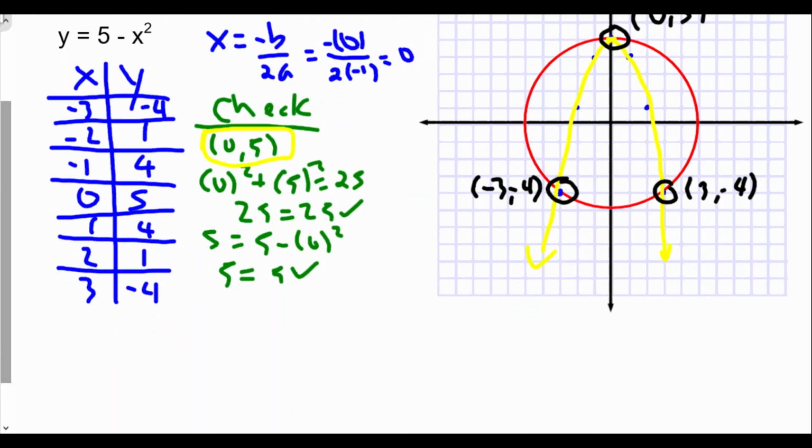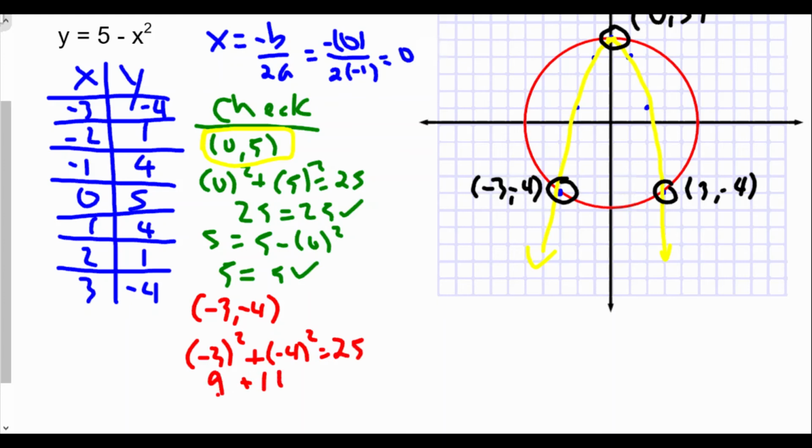Our next check will be with (-3, -4). Does -3 squared plus -4 squared equal 25? Well, that's going to be 9 plus 16. That's equal to 25. 25 equals 25. That's a check. Now for the other equation.